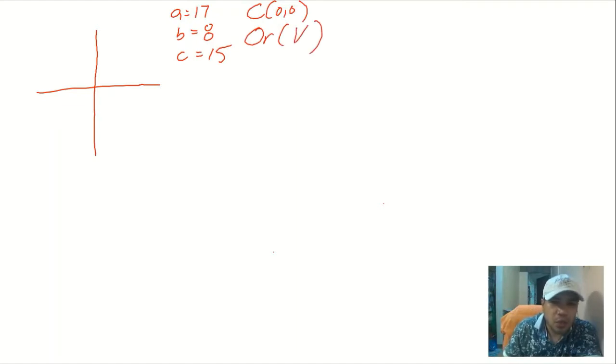So, A is 17: 3, 6, 9, 12, 15, 18. So, nandito si 17, assumption. Ito ang 17. Then, 8: 3, 6, 9. Ito si 8. Ito naman si negative 8.